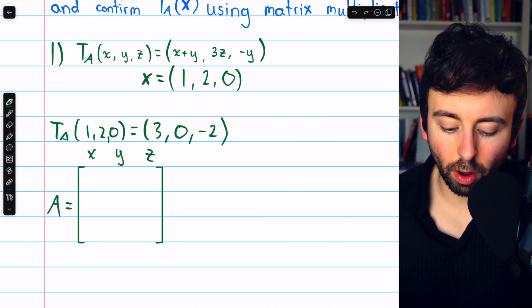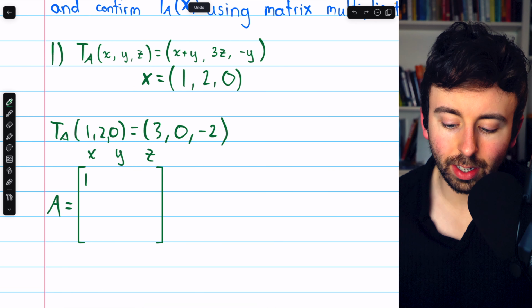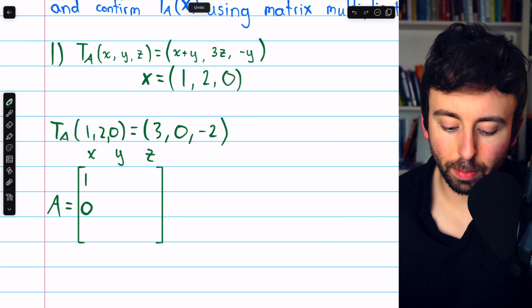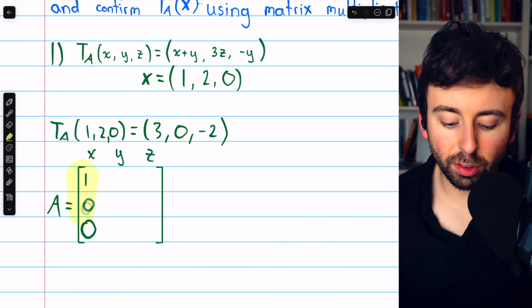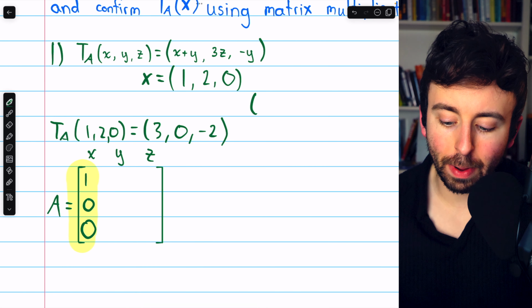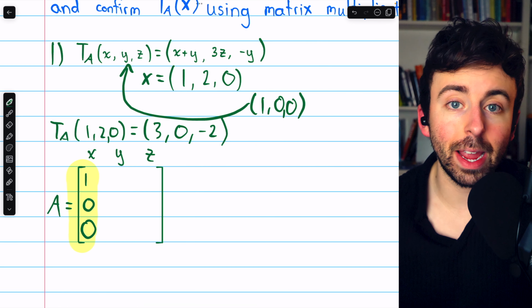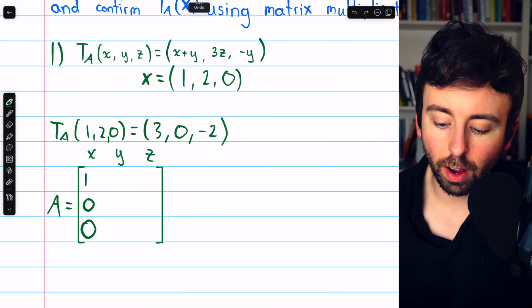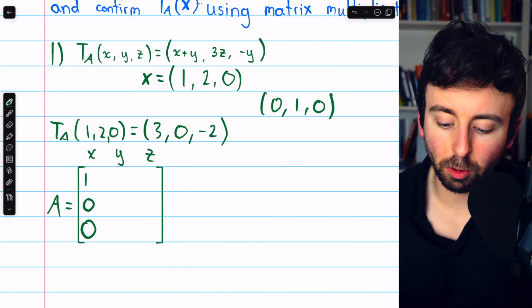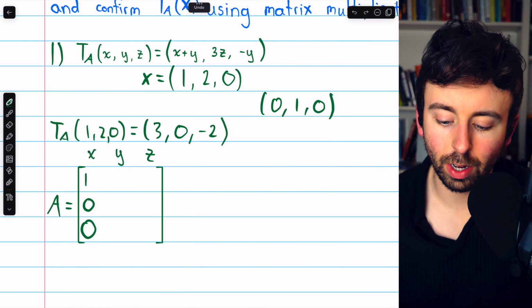The coefficients are 1, we see 1x, and then in the next component it's 0x's, and then in the next component it's 0x's. This is just capturing what would happen if we plugged in the standard basis vector (1, 0, 0) into this transformation. Similarly, in the y column, we need to capture what would happen to the standard basis vector (0, 1, 0) if it's plugged into this transformation.